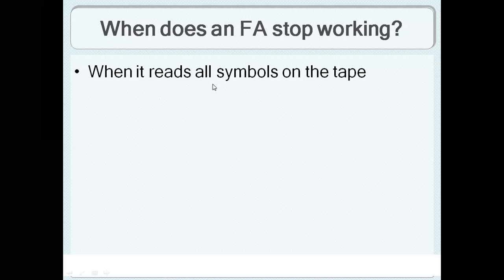So that is the first condition. When it reads all symbols on the tape, there is no symbol we have to read.